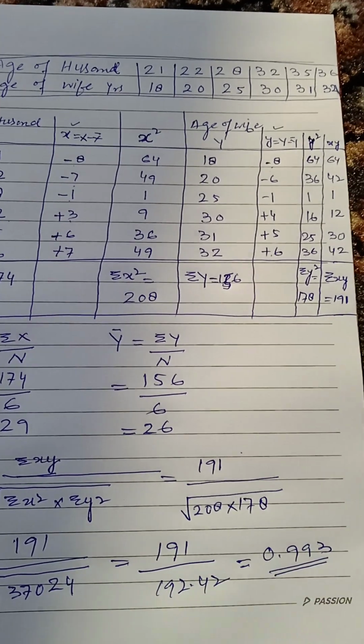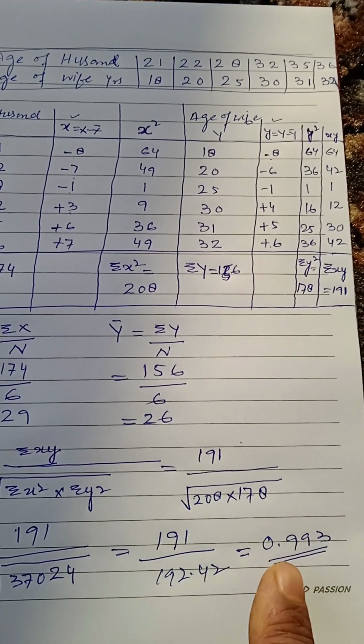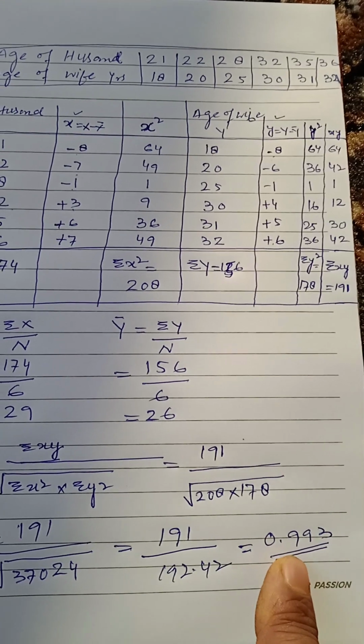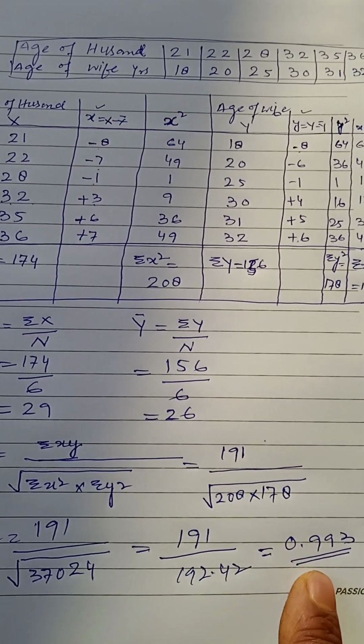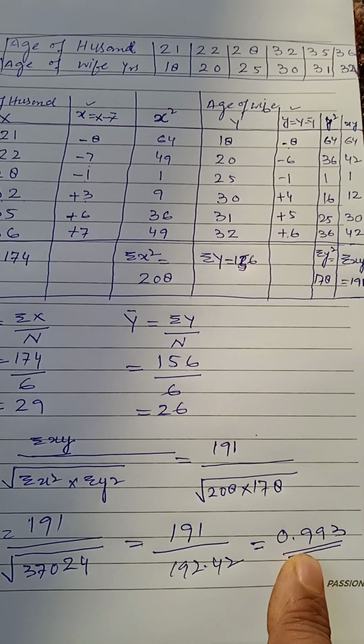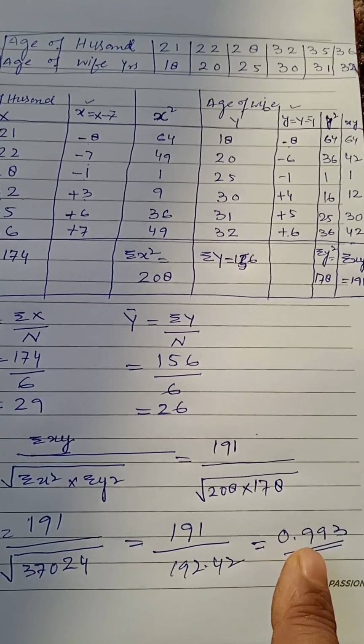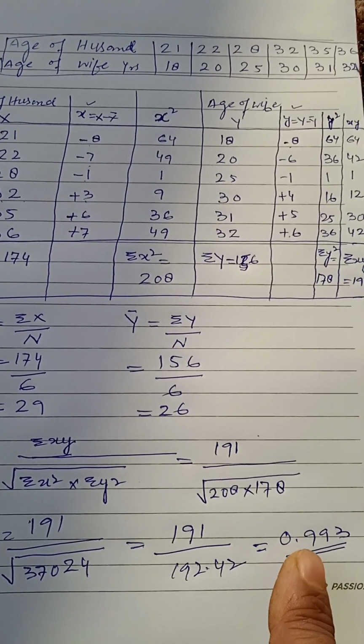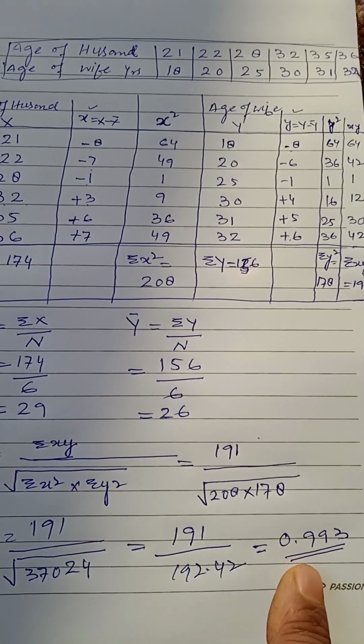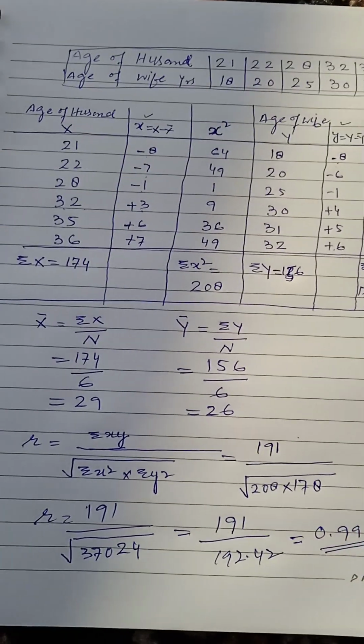That means there is a positive correlation between the two, because the coefficient of correlation is positive, and there is high correlation between the two because the coefficient of correlation is nearer to 1. In this way, we can find the coefficient of correlation.